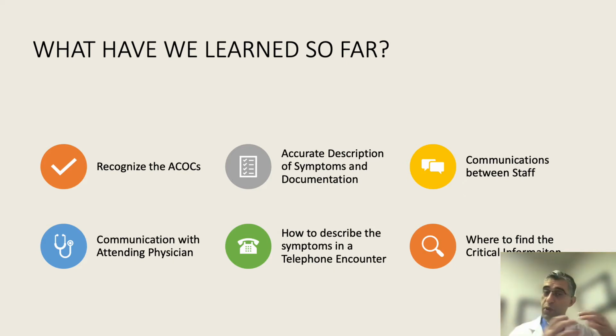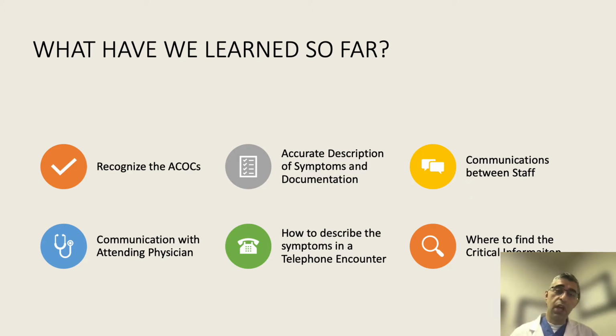Who's going to be reporting to whom, who's going to be in charge of getting the key information from the chart, who's going to prepare the telephone encounter or even texting encounter, whatever we use in our facility. That can be very helpful for you to understand who's responsible for what, and who needs to report to somebody else.